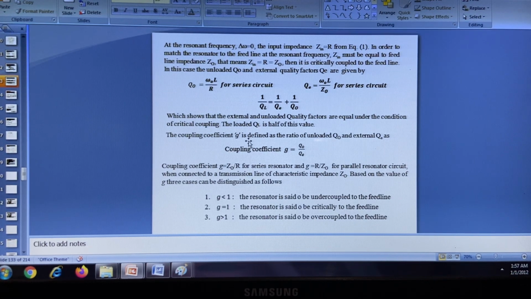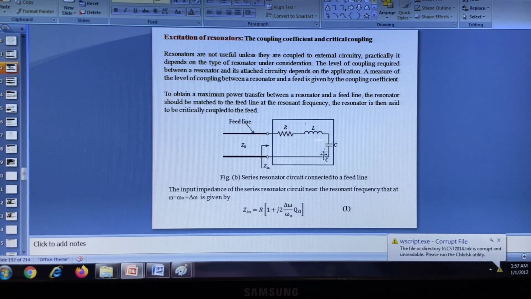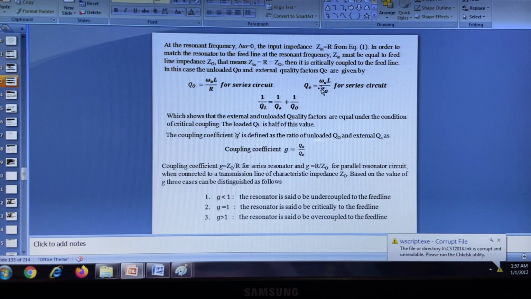Now the coupling coefficient g is defined as the ratio of the unloaded quality factor and the external quality factor. So the coupling coefficient g is given by Q0 divided by QE. Q0 is given by this equation, and QE, the external quality factor for this circuit, is given by this equation.